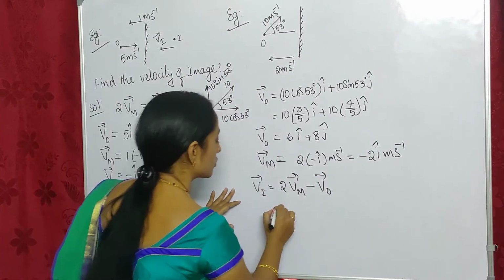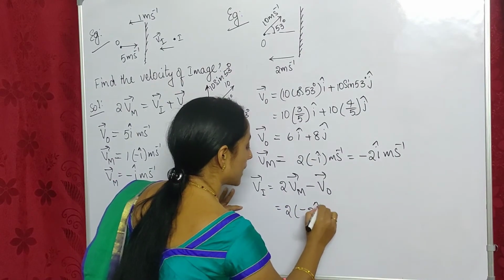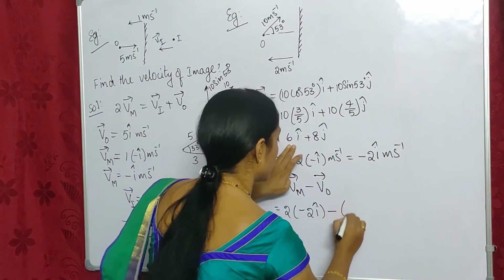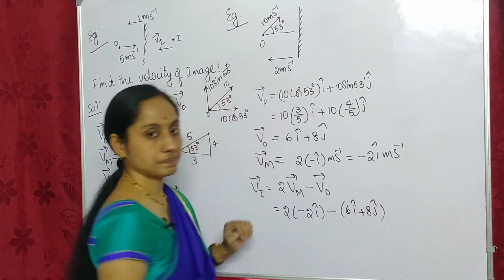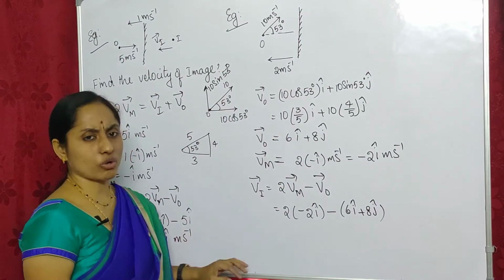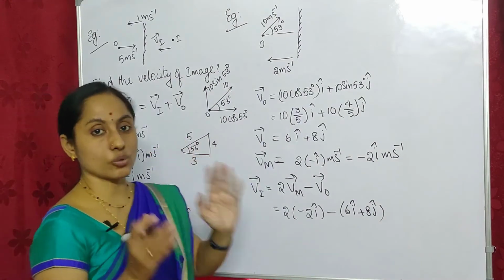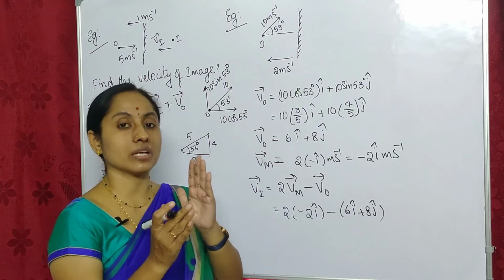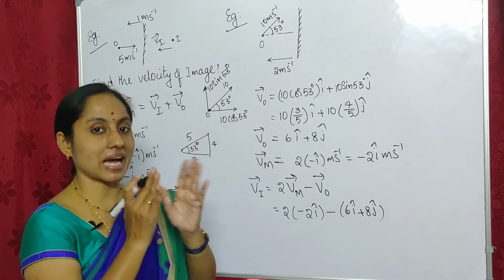From this we write, 2 into VM bar, minus 2 i cap, minus VO bar, which is 6 i cap plus 8 j cap. We can write only the i components because of case 2. What does case 2 tell? There is no relative velocity between the parallel components of velocity of object and image.